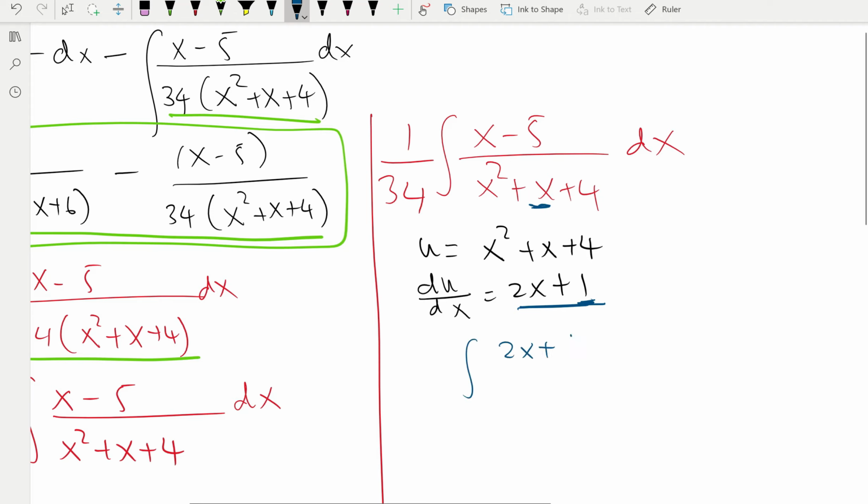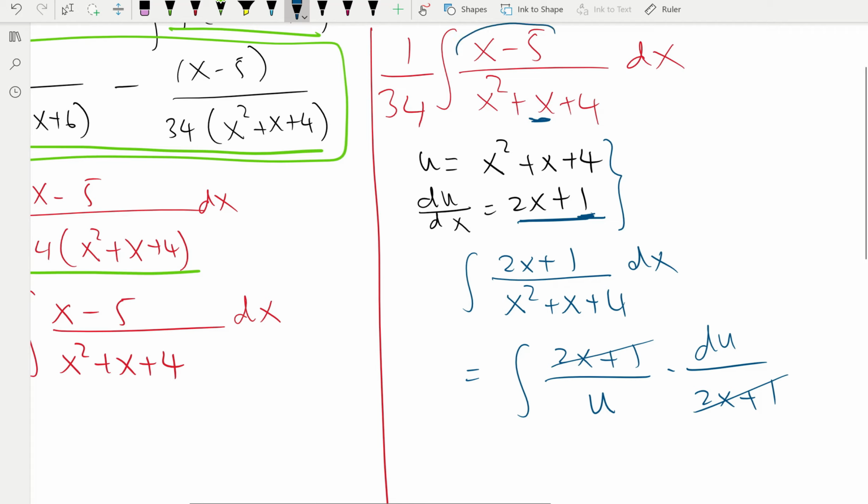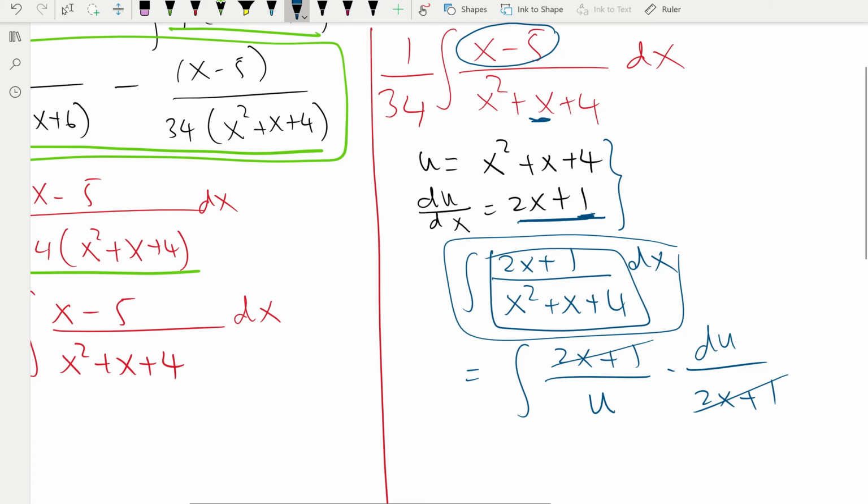Think if your problem is like (2x plus 1) over (x square plus x plus 4), and you use this substitution, then this is 2x plus 1, this is now u, and dx is du over (2x plus 1). See what's going on? That derivative will cancel to help certain terms in the integral. So the idea here is if we had 2x plus 1 in the numerator, then life would be much easier. If we had this rational function to integrate, then life would have been much easier.